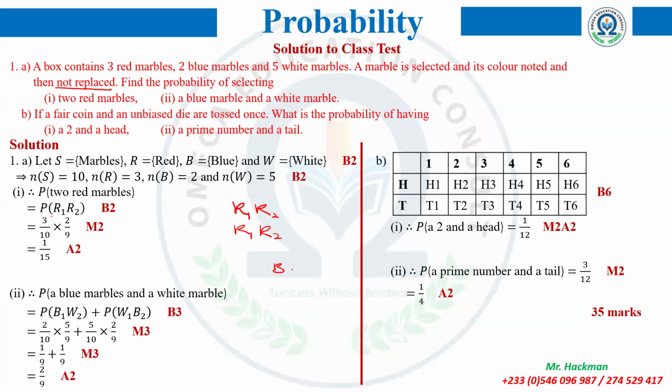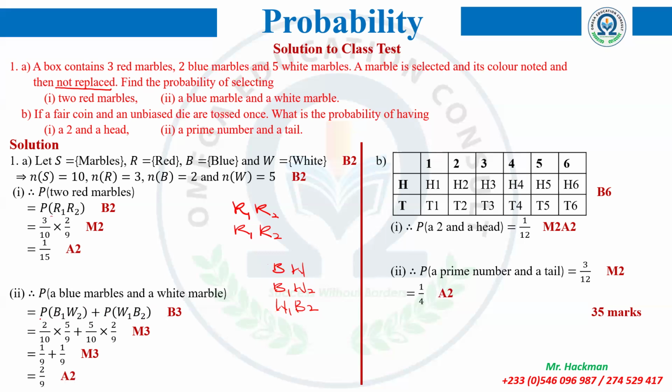If your first selection is blue and your second selection is white, that satisfies a blue marble and a white marble, because the order was not specified. And again, if your first is white and your second is blue, that satisfies the same condition. So we are going to have two possibilities. Now let's look at each possibility and how to find the probability.